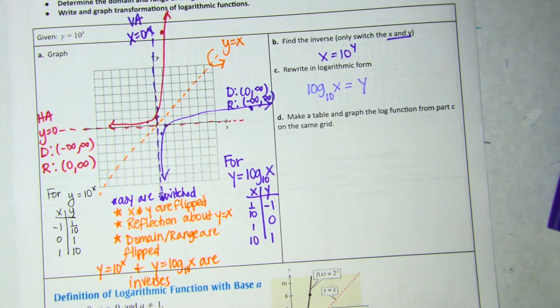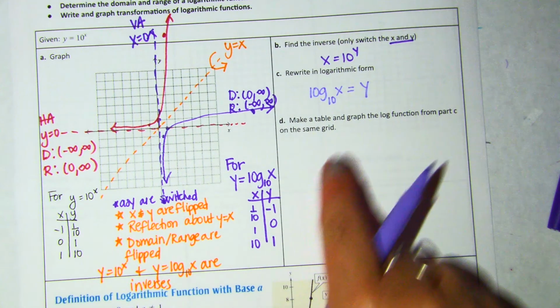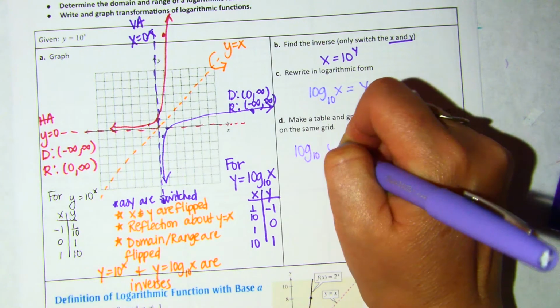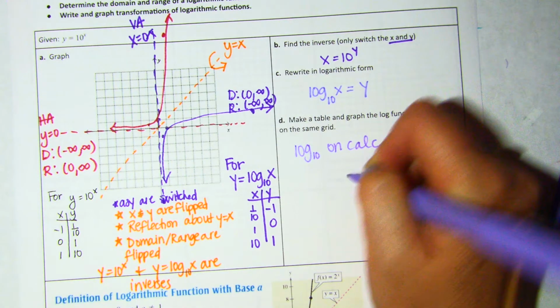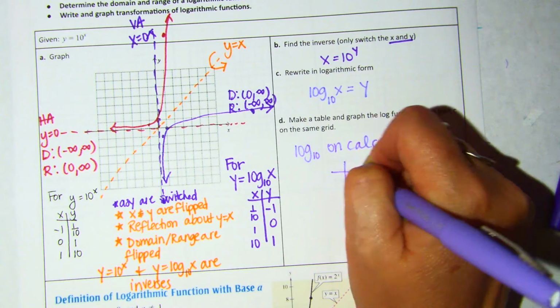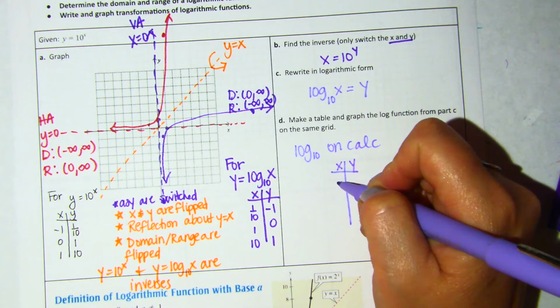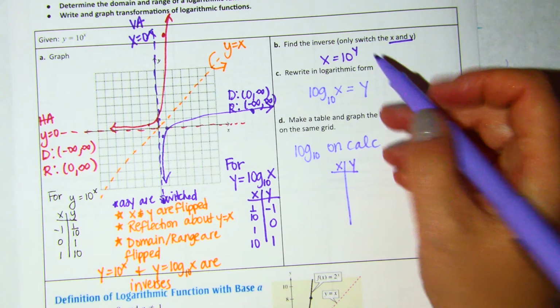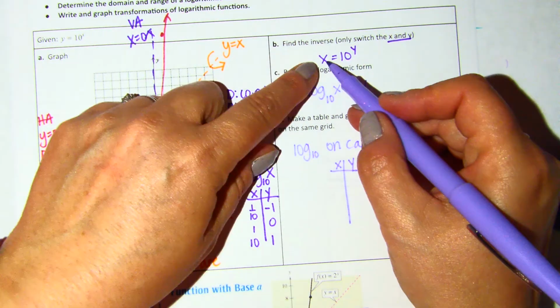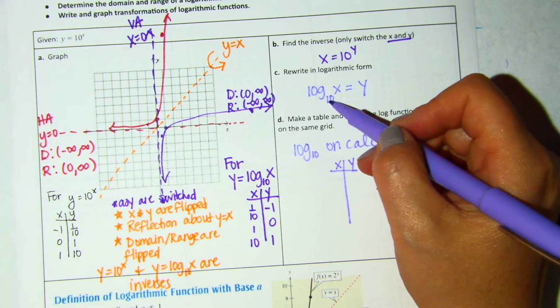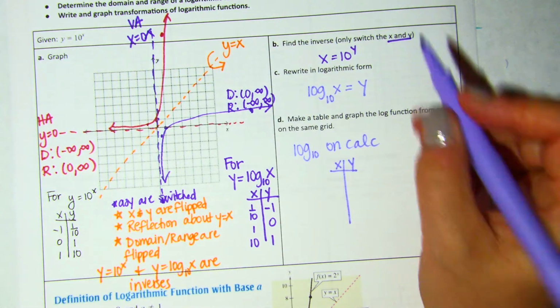And then we can plug these points in, make a table. So log base 10 you can do on your calculator. If we plug in stuff for y here, we can get an x, or we can plug in stuff for x and then just do log of that number.